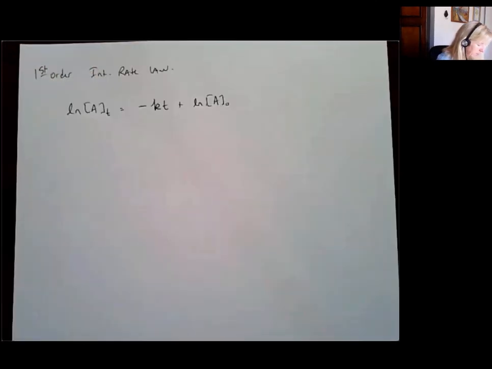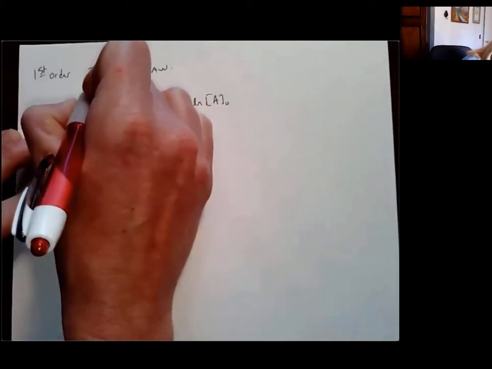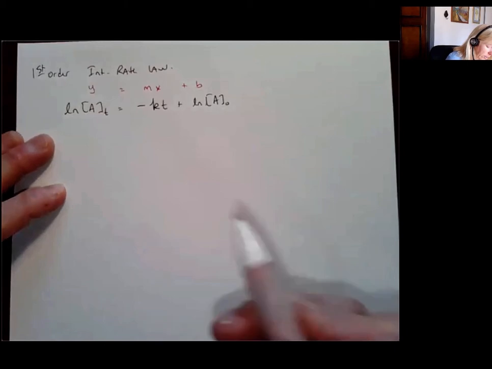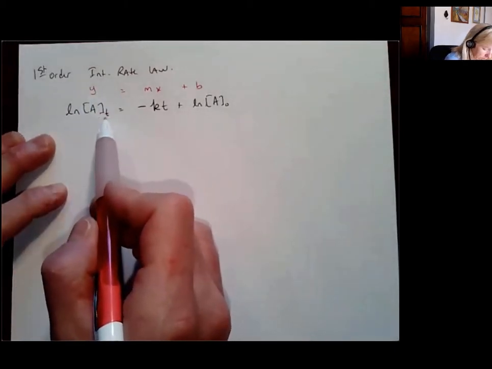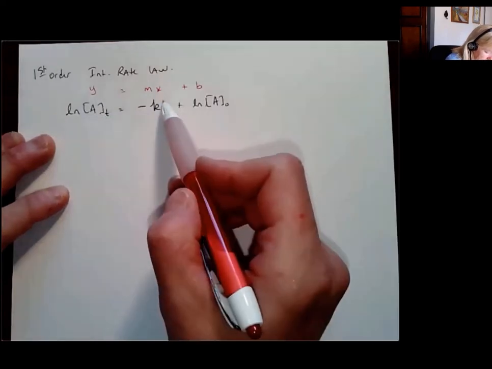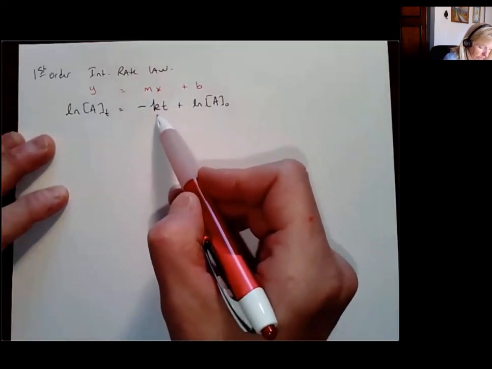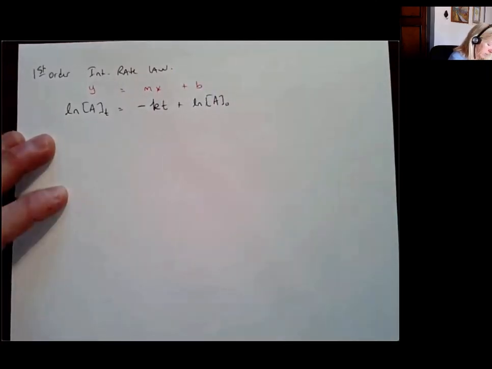I'm going to write it this way because this format is going to give me a straight line. So y equals mx plus b. So my y-axis would be ln of A at varying concentrations depending upon the time. This is going to be the time. The slope is going to give me the rate constant, and b is going to give me my y-intercept.